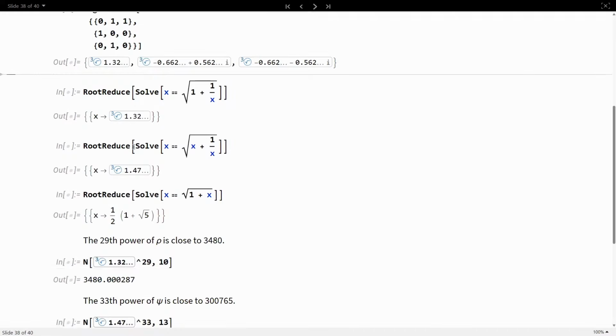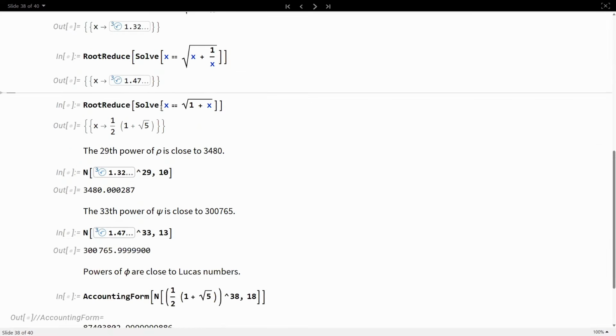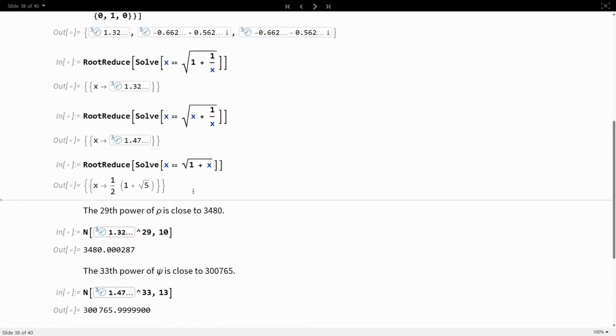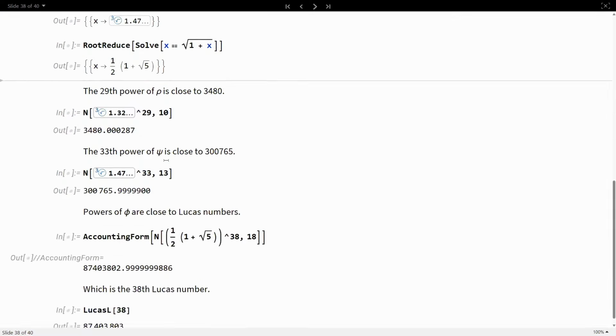And it's the solution for square root of 1 plus 1 over x, when x plus 1 over x, and x equals 1 plus x. So these are 3 standard problems that happen to have these values.